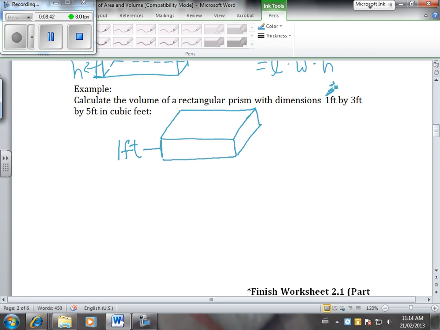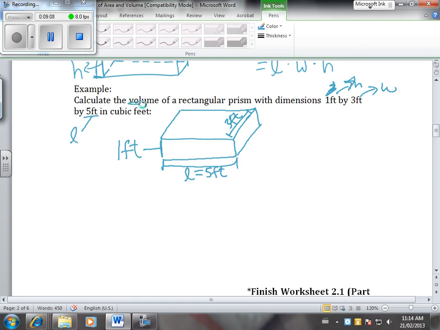Your width is 3 feet. And then your length, 5 feet. Because we're multiplying them, it really doesn't matter what order you put them in, because when you multiply them, it will still give you the right answer.